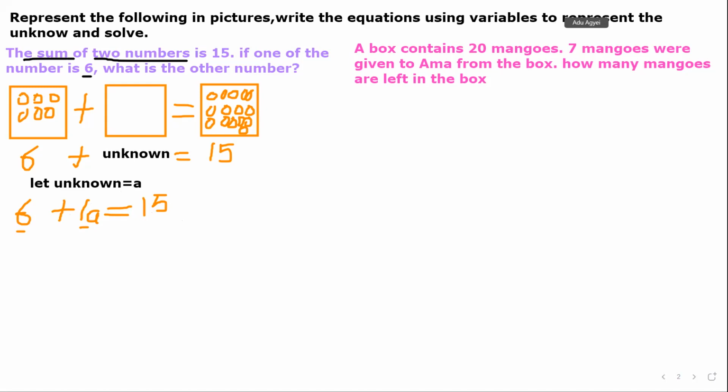So here you group like terms by subtracting 6 from both sides.